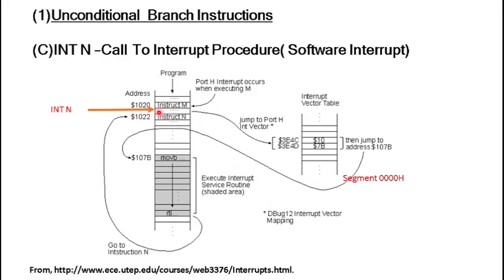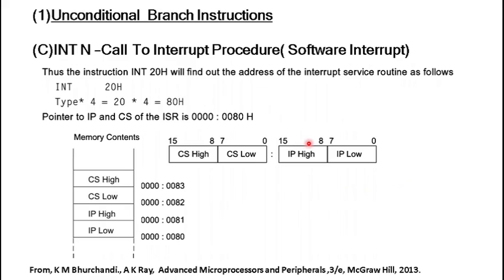Suppose we have an interrupt triggering over here. Based on the interrupt number, a particular entry of this interrupt vector table will be taken. And what is the entry of an interrupt vector table? The entry is the CS and IP values, which point to the interrupt service routine. Suppose that we have invoked int 20.